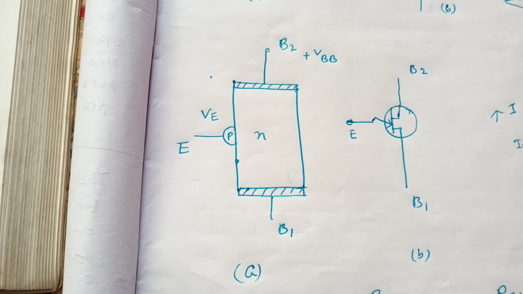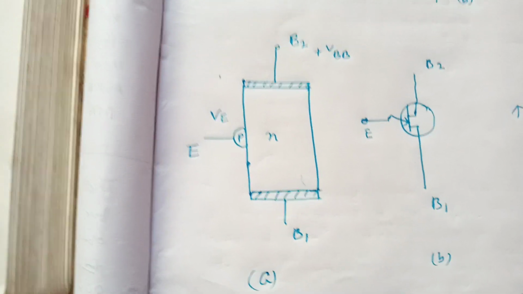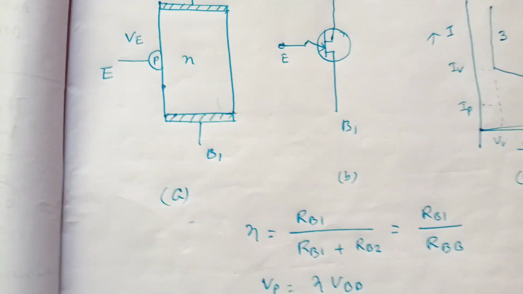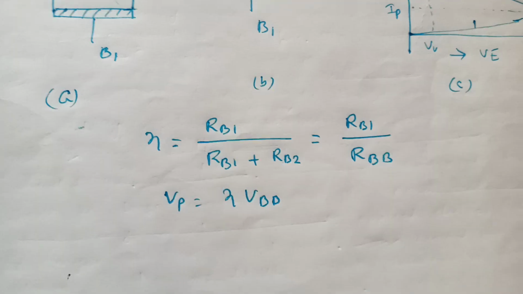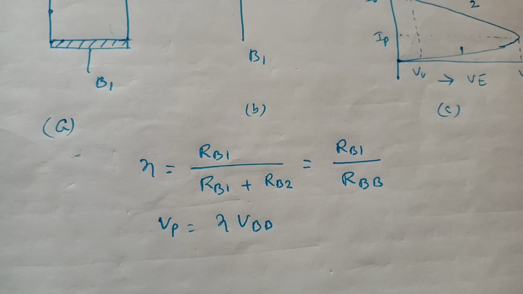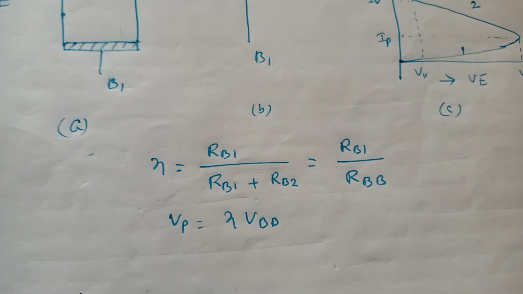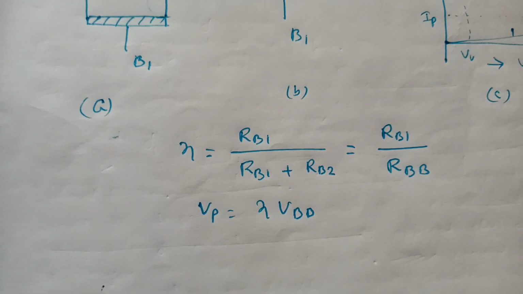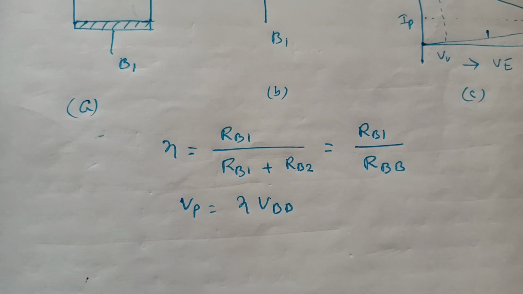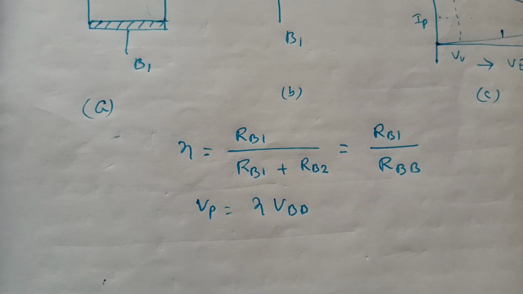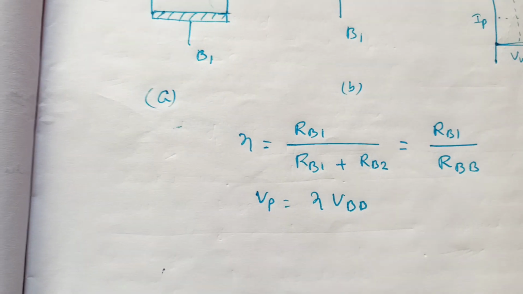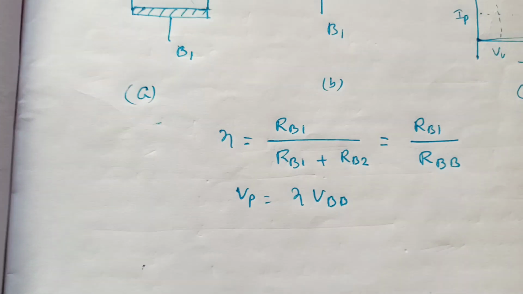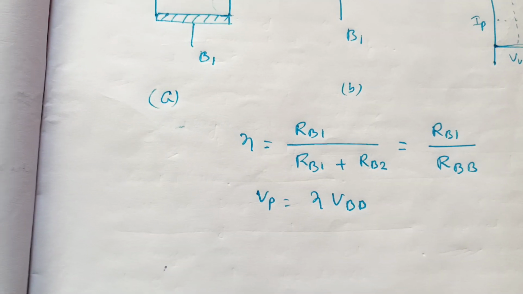Then we can write that eta is equal to RB1 by RB1 plus RB2, that is equal to RB1 by RBB. This is the formula of a potential divider, and the voltage Vp is equal to eta into VBB.